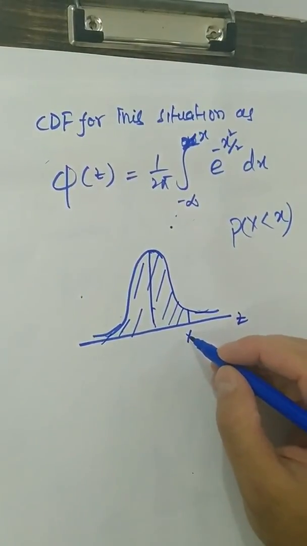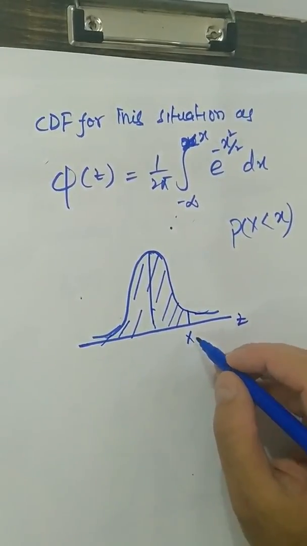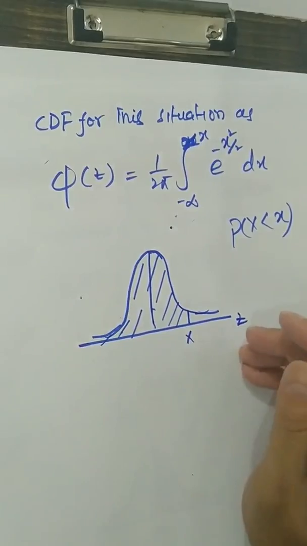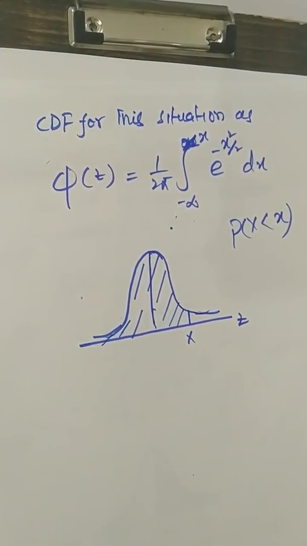This x is the number for which I have to find the CDF. I can do this from a z table.